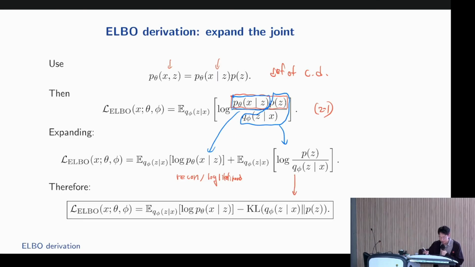This component is the definition of KL divergence, the negative KL between this distribution and this one. So the ELBO has the likelihood term and the KL divergence term.